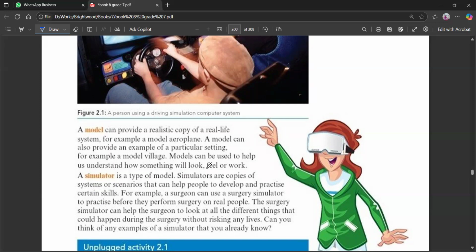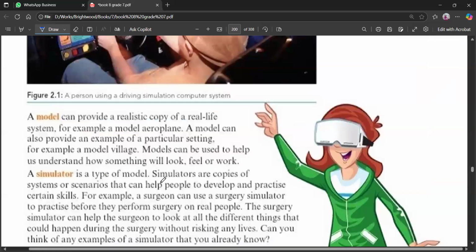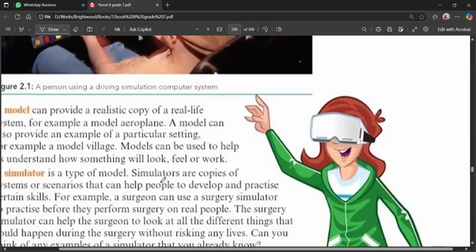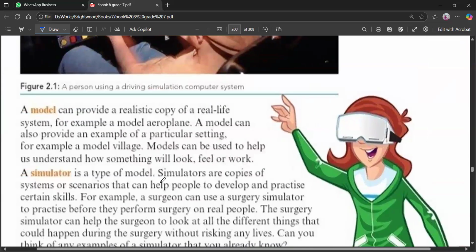For example, we can take the model of the aeroplane. A model can also give an example of a particular setting, like a model village. A model can help us understand how something will look, feel, or work, so we can get an idea before it is created.